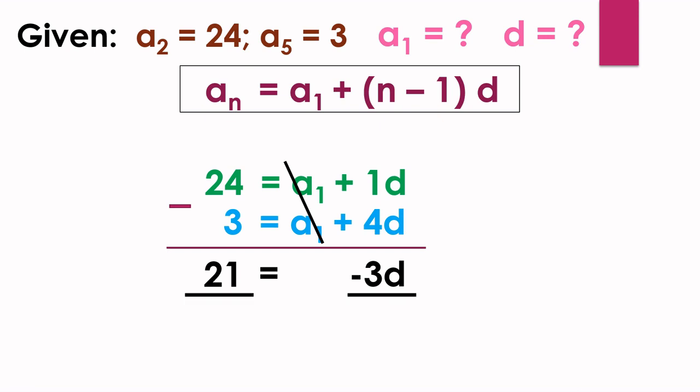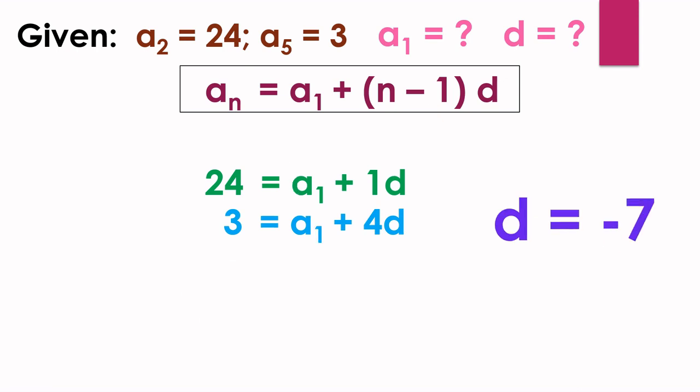Now to eliminate negative 3 beside d, we divide both sides of the equation by negative 3. So we can cancel that out since it is equal to 1. d therefore is equal to 21 divided by negative 3, and that is equal to negative 7. Now we have solved for the value of the common difference.